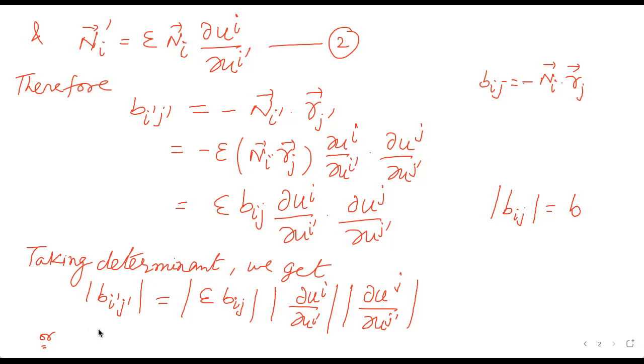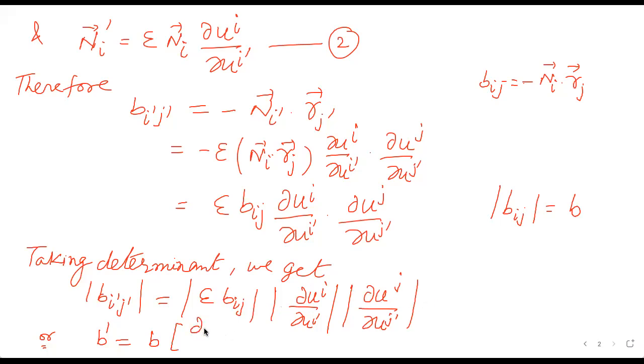So B dash is equal to B times, because it is the same quantity, matrix का determinant लेंगे, it is ∂u1/∂u1 dash, ∂u2/∂u2 dash. जैकोबियन होता है, both are representing the same quantity because ij running from 1 to 2.